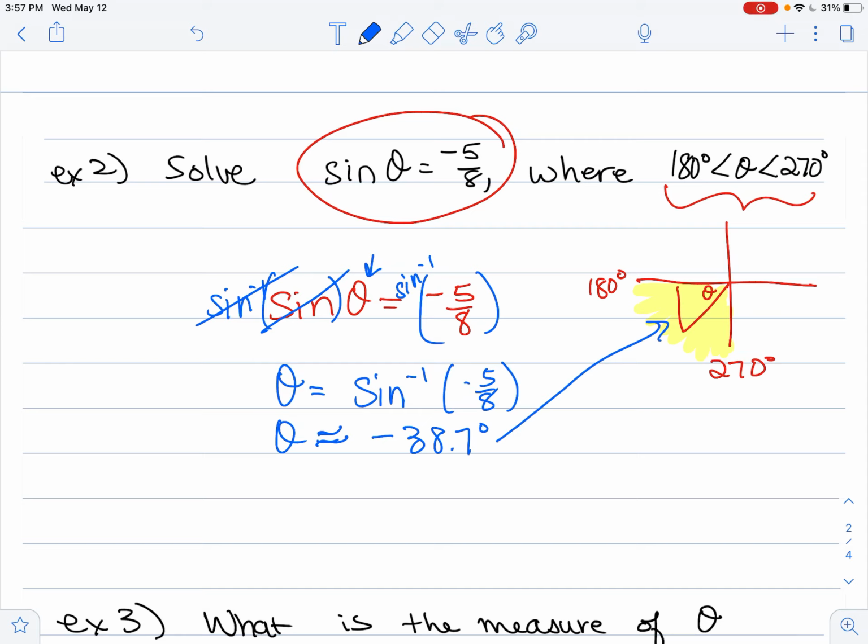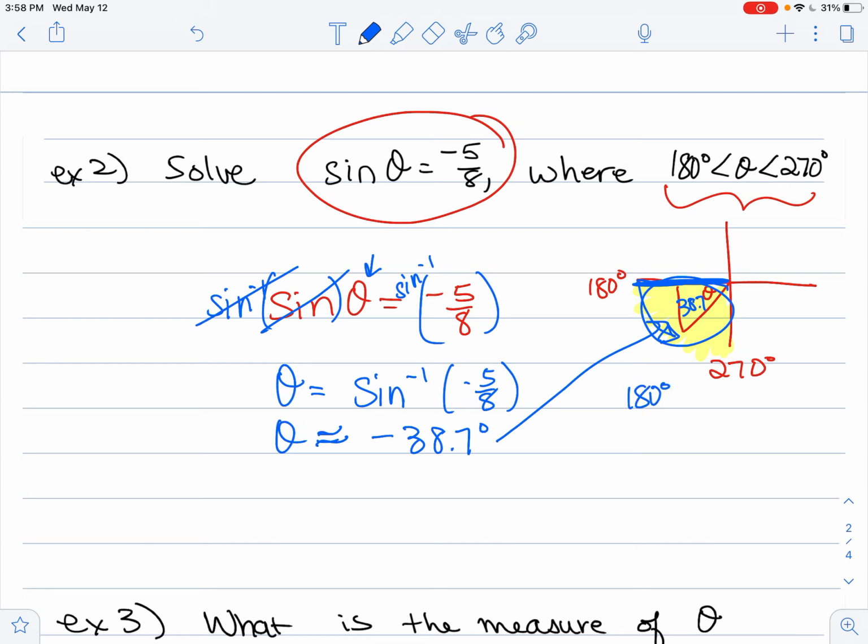So keep in mind that sine, again, has to be a negative value. We know sine is negative in the third quadrant. So a 38.7 degree angle in the third quadrant here means from this 180, it goes down 38.7 degrees.